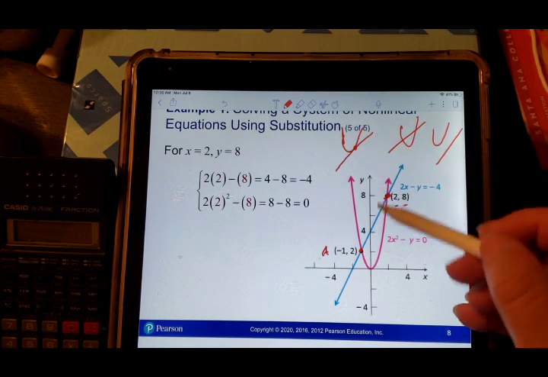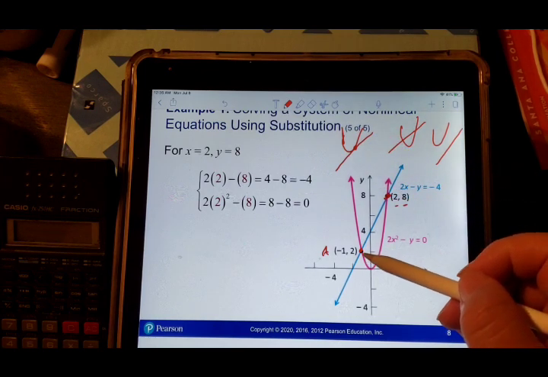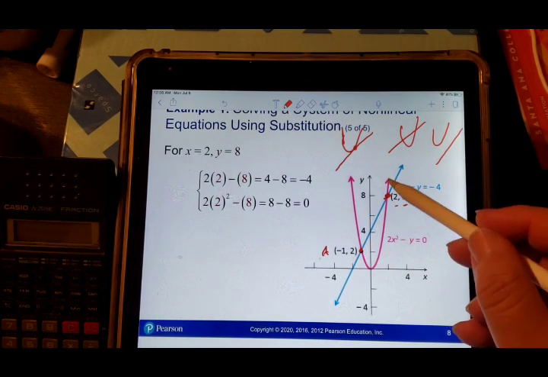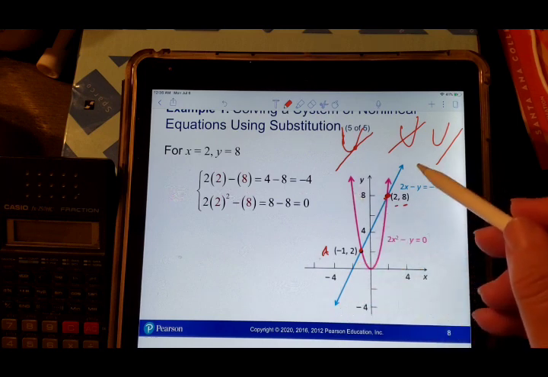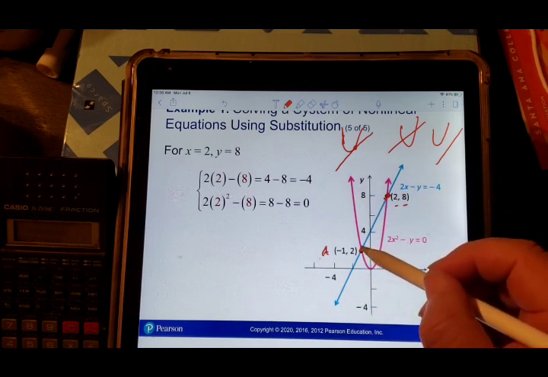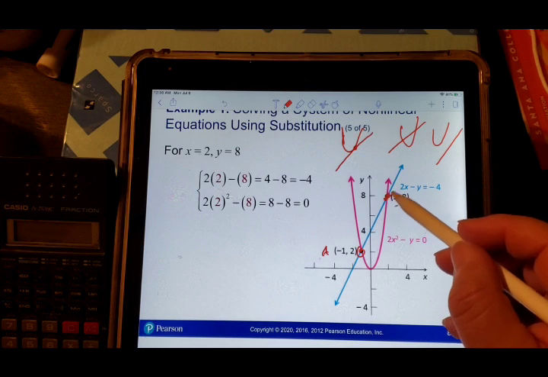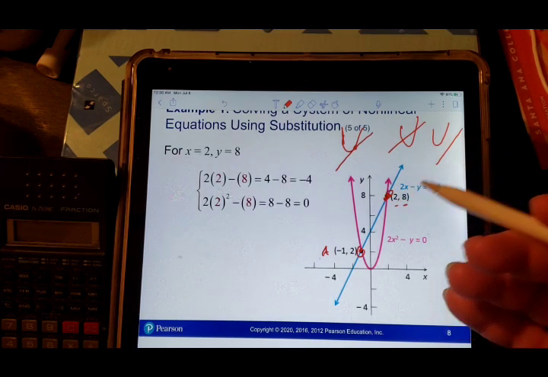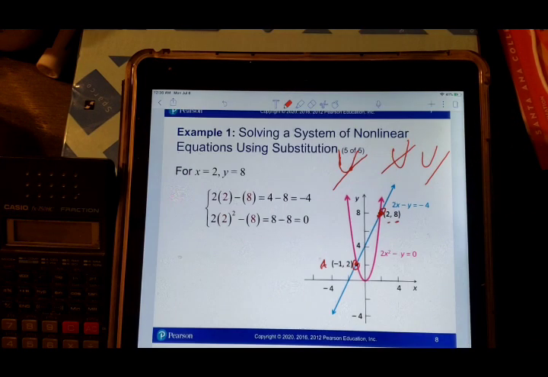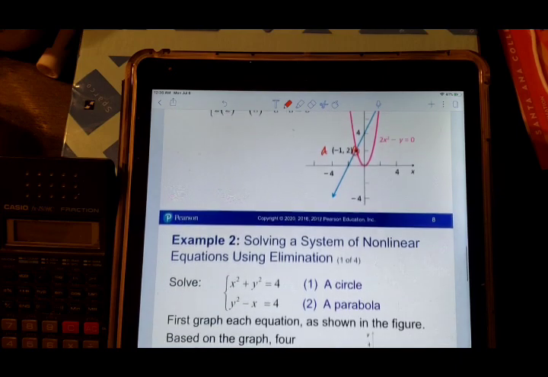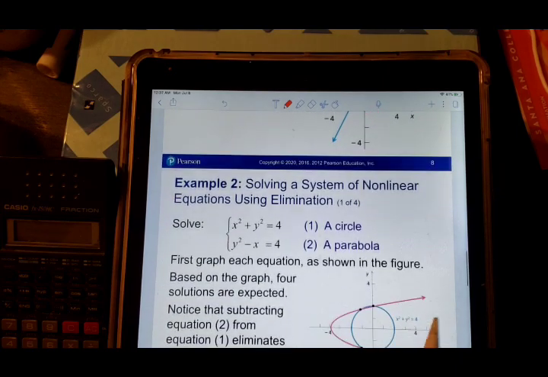So any of those are possible, but what I was saying is, a crude sketch might have told us it was going to intersect twice, but it might not have told us exactly where unless we were very, very accurate with our points. But this actually can help you with an accurate graph.